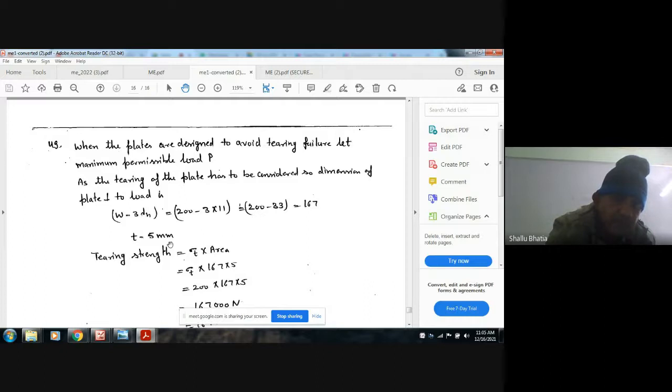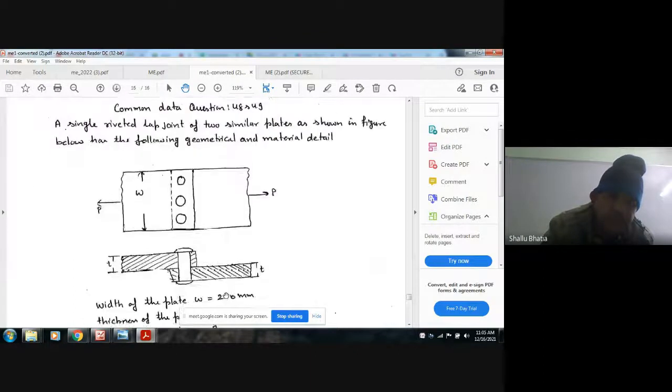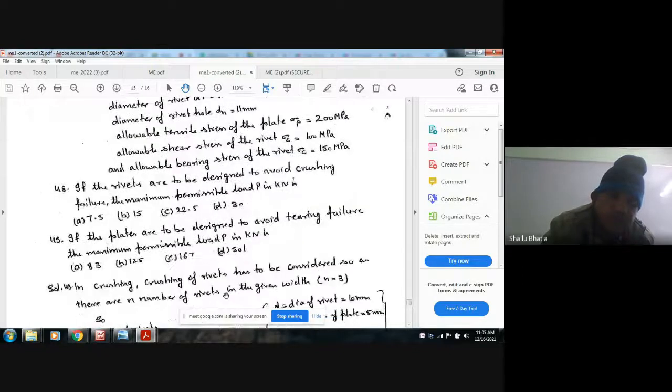So t is 5 mm and W minus d_h will be 167. So tensile strength is sigma_t into area. The area is 167 into 5. So the answer is D. Okay, thank you.